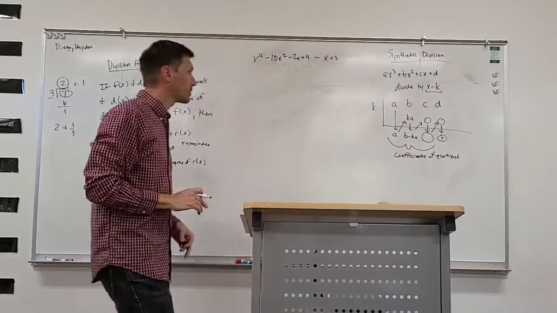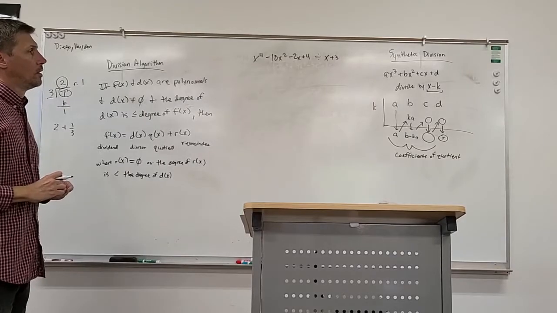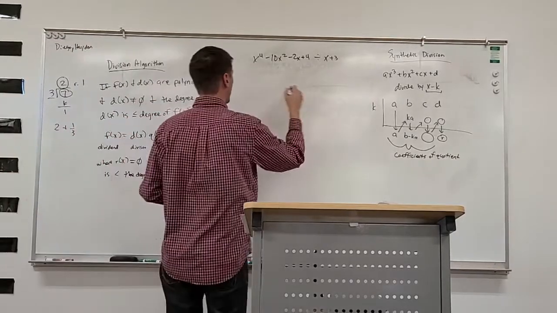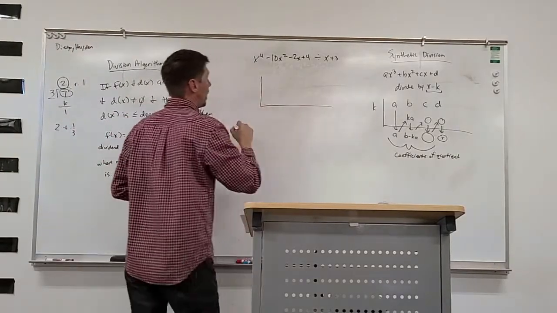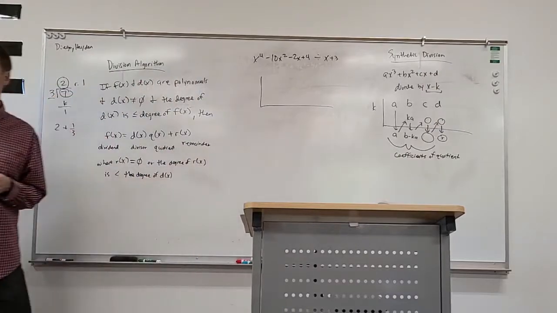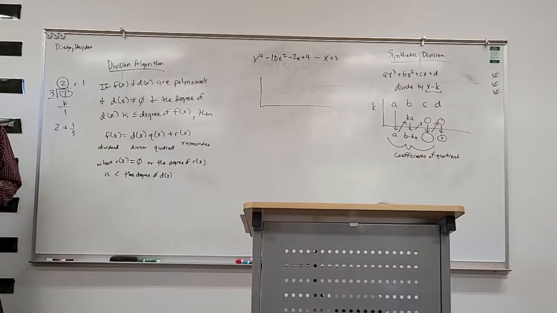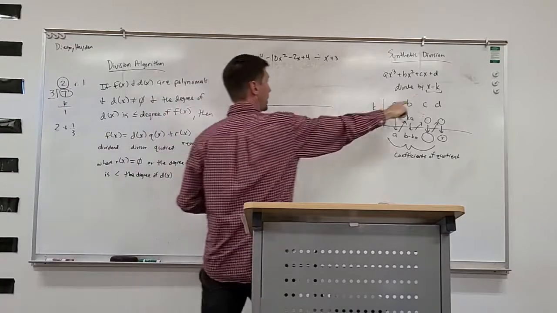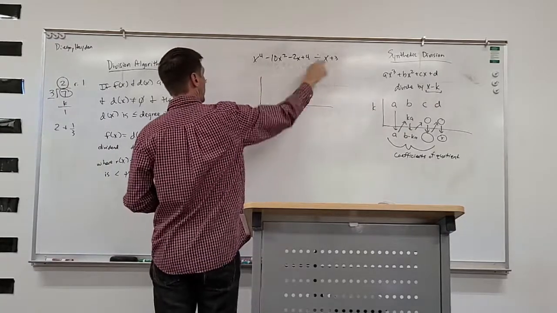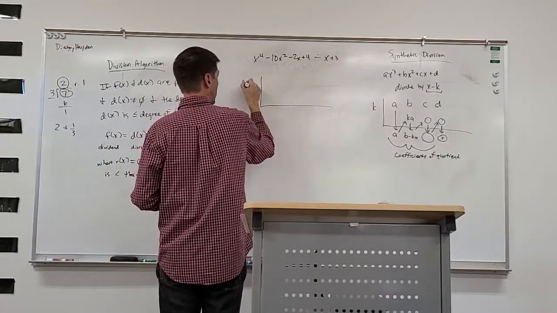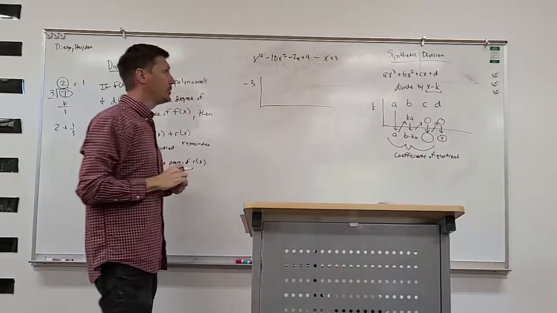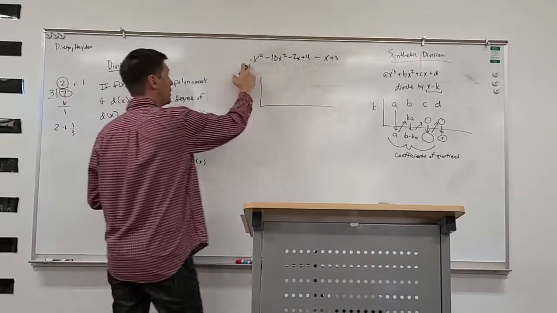All right? So we're going to write it just like we wrote it over here. Our k term is what? -3. -3, right? Because we're dividing by x minus k, so since we're dividing here by x plus 3, this term is -3. And then we take all of the coefficients from our polynomial up top here.